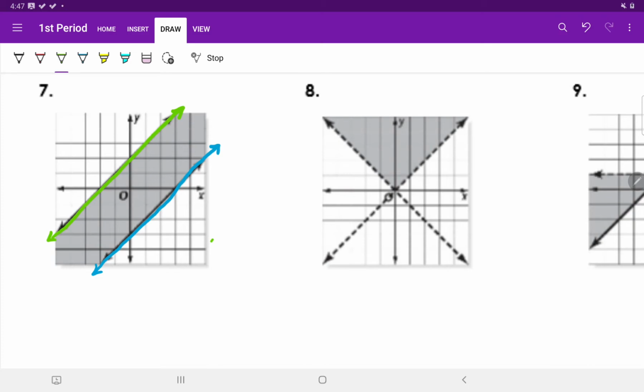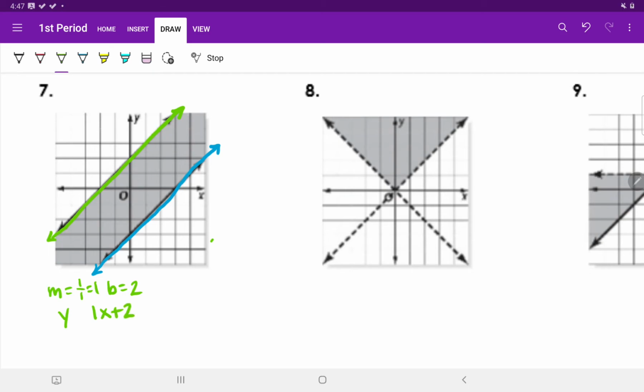Okay, the easiest way to do problems like these is to identify your m and your b. My green line has a slope of, looks like positive 1 over 1, which is the same thing as 1. My y-intercept is positive 2. So if I wanted to write this in slope-intercept form, it would be y equals 1x plus 2.